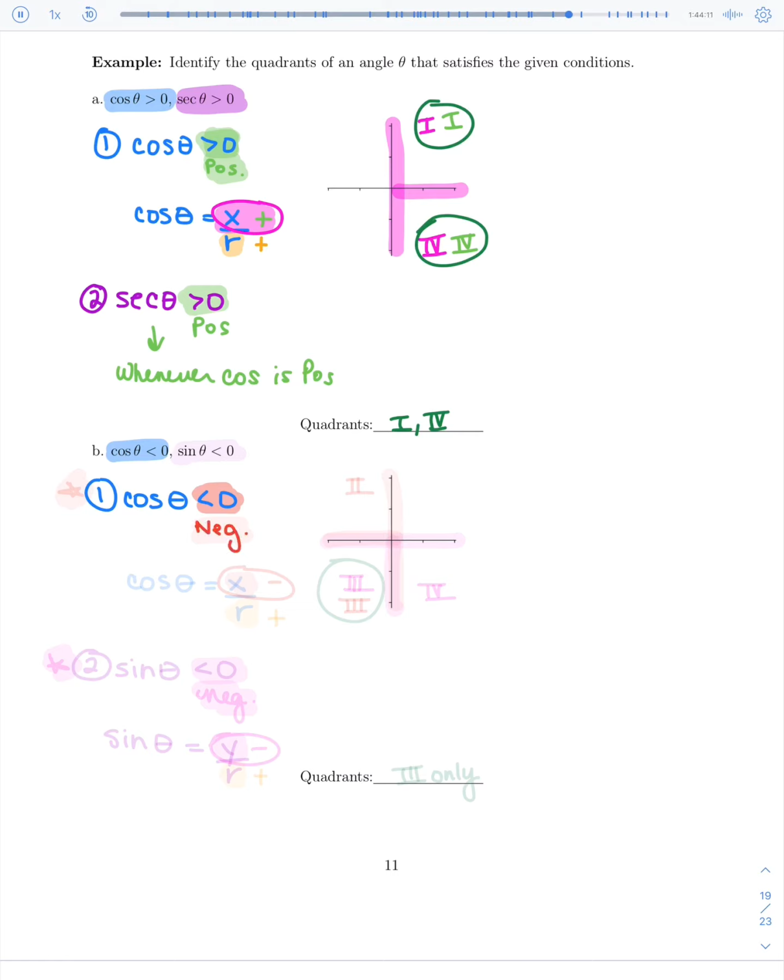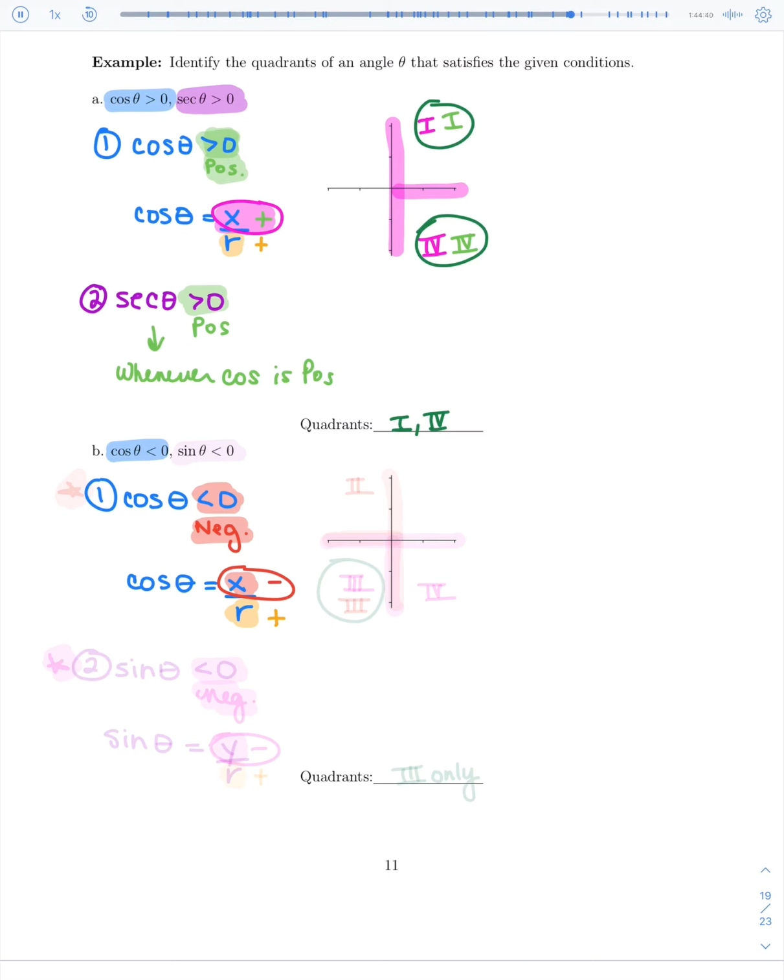Again, cosine of an angle is adjacent over hypotenuse, which means x over r. We already know that r is always positive. So if we want a negative for a cosine, the only way to get a negative when the bottom's already positive is if the top is negative. It means our x values need to be negative.